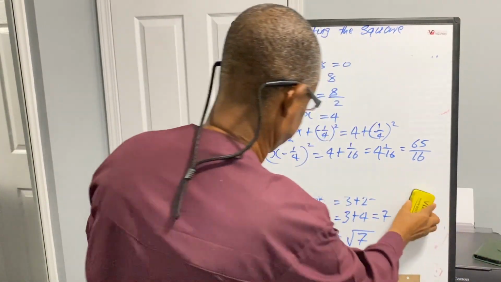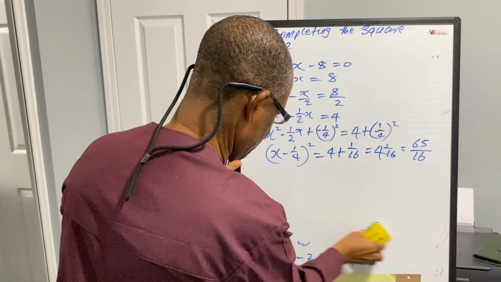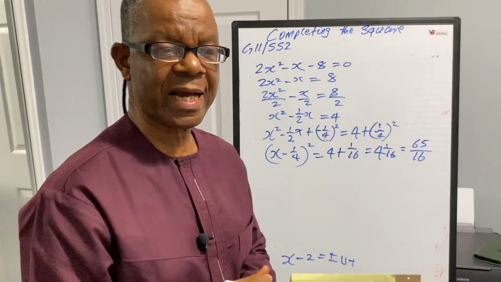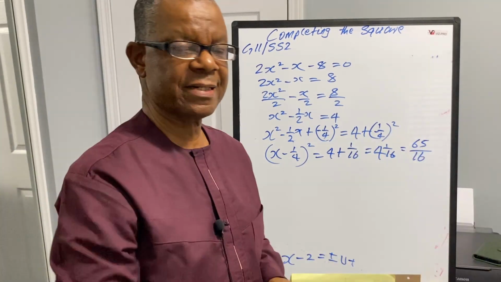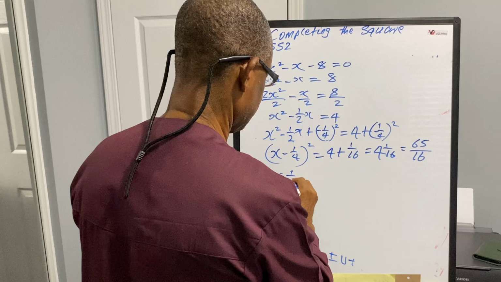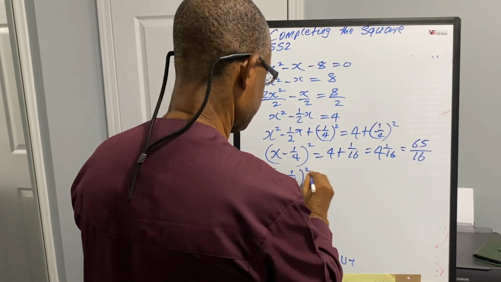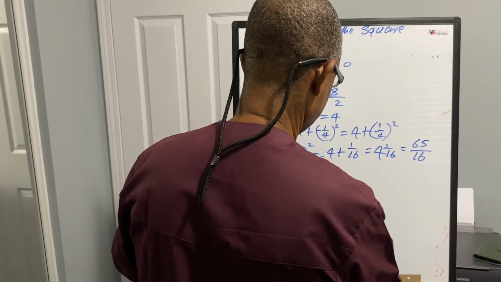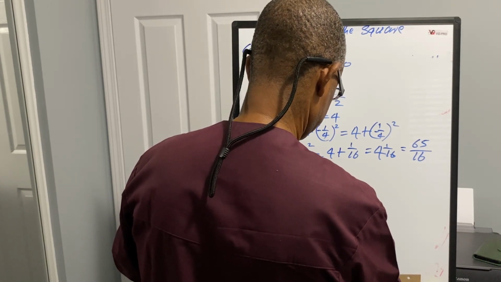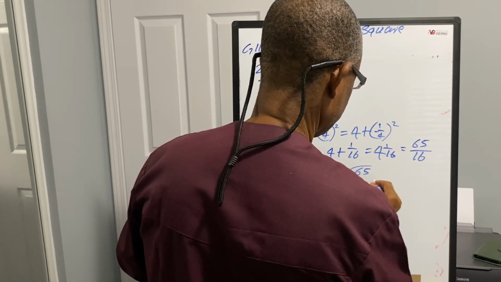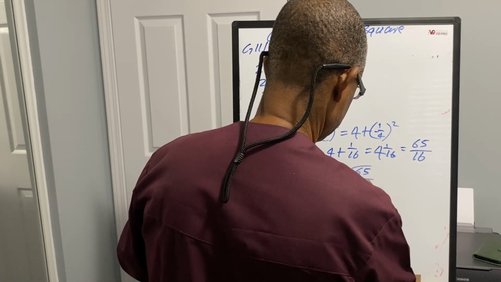We now square root both sides and introduce the plus and minus sign at the right hand side. (X minus 1 over 4) all squared, square rooted, equals plus and minus the square root of 65 over 16.